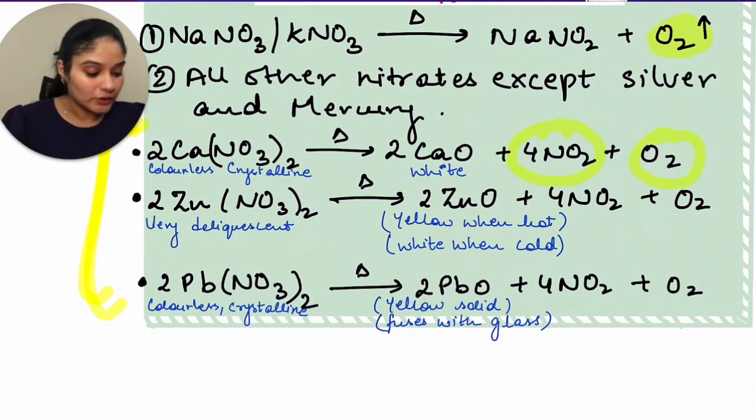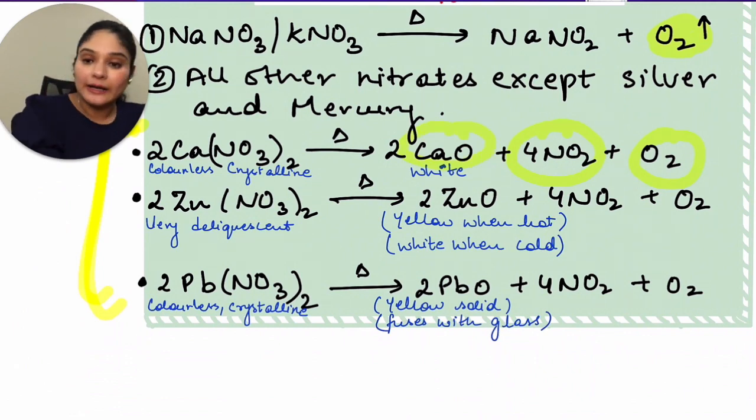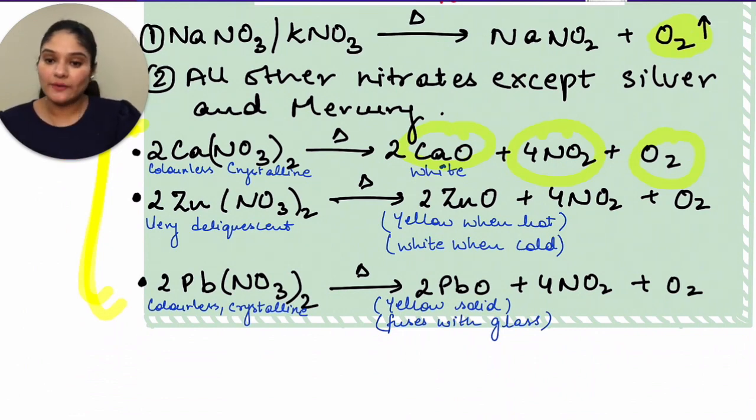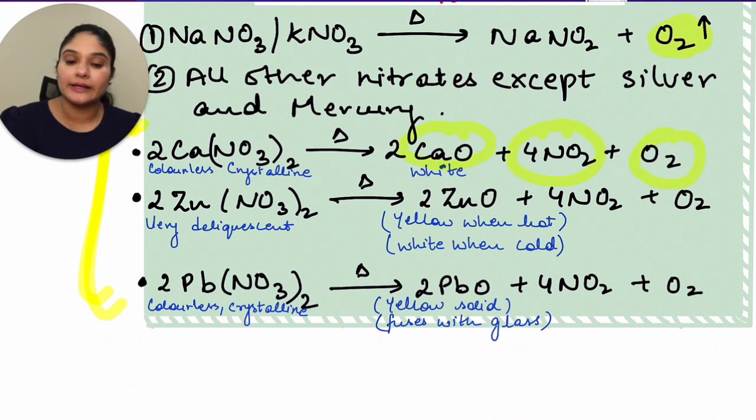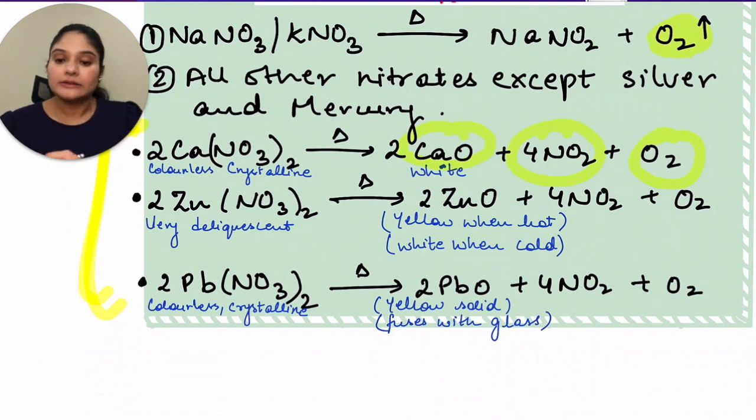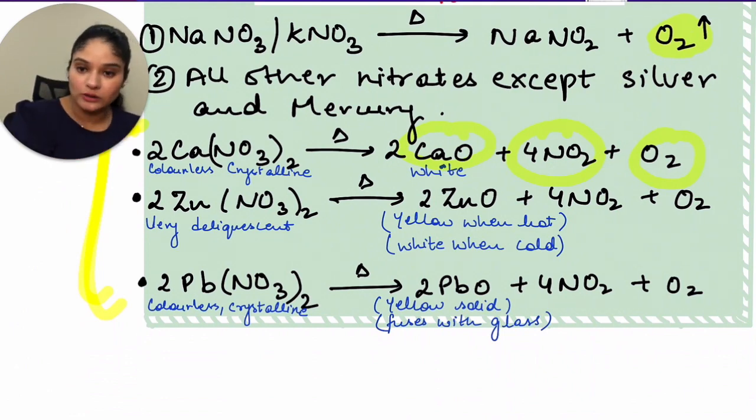Ca(NO3)2, calcium nitrate, will give you calcium oxide, nitrogen dioxide and oxygen. Same thing with zinc nitrate: you will get ZnO, zinc oxide, nitrogen dioxide and oxygen. Same thing will happen for lead nitrate: you will get lead oxide, nitrogen dioxide and oxygen.